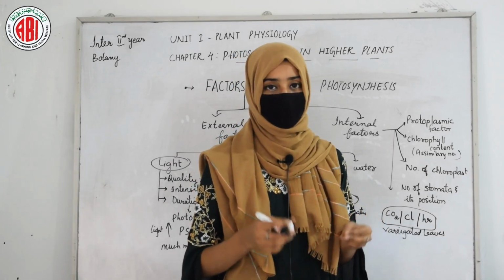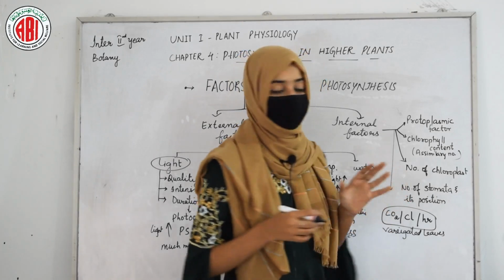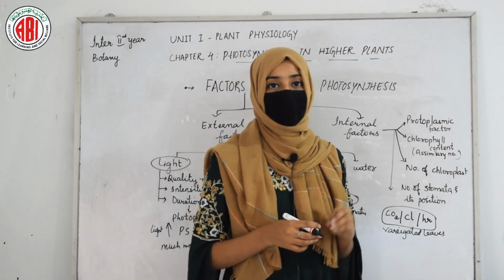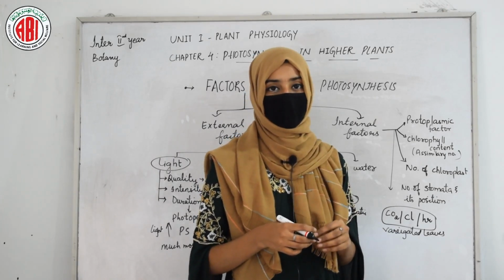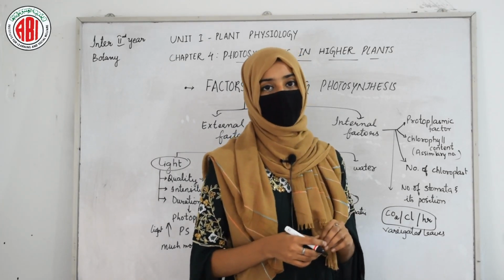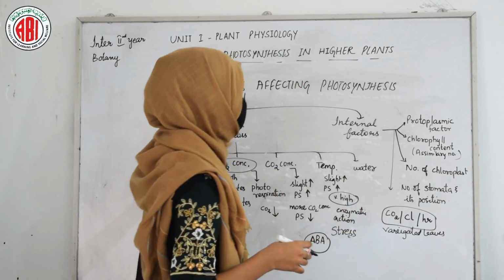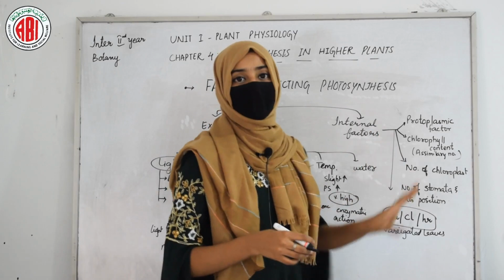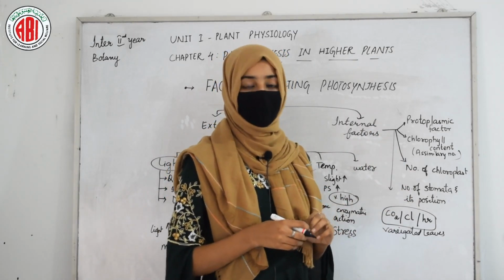So the number of chloroplasts, number of stomata and its position are also important internal factors that decide the rate of photosynthesis. So this is about the external and internal factors that affect the rate of photosynthesis.